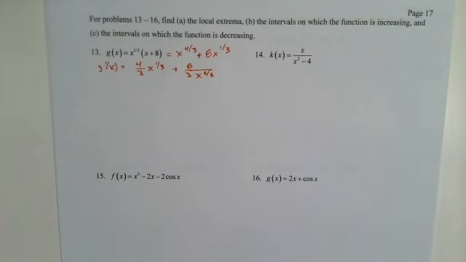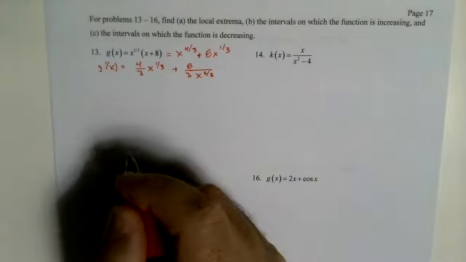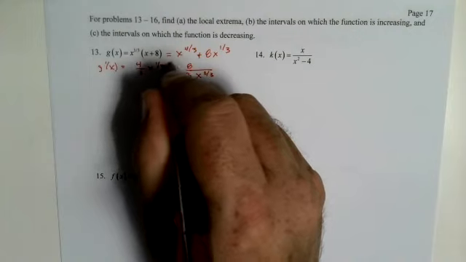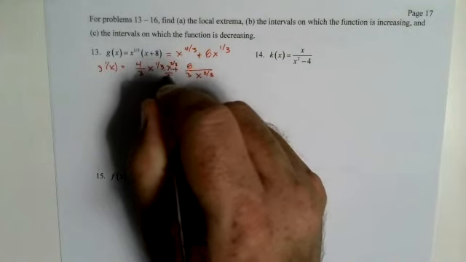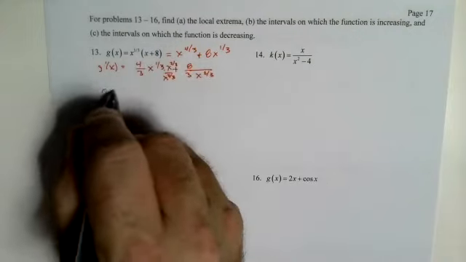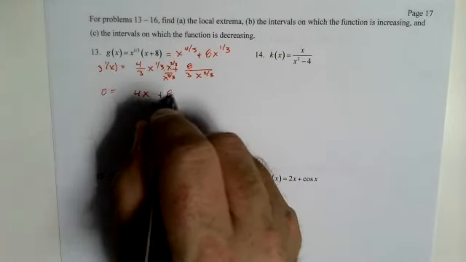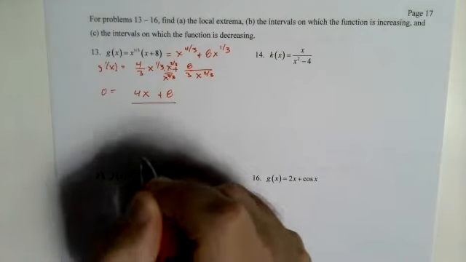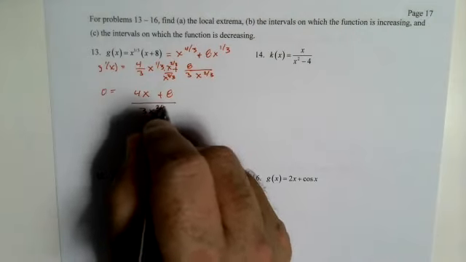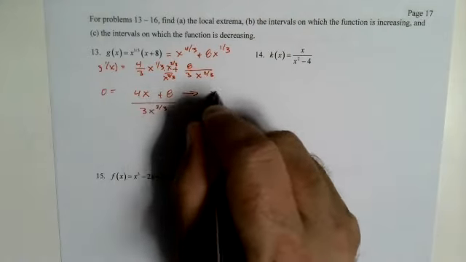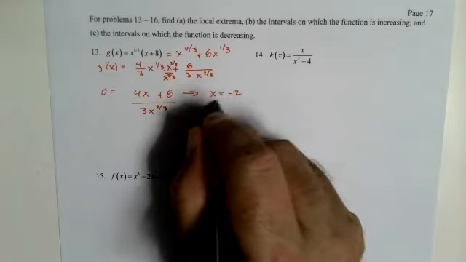I've seen this done so many ways lately. Let's make this times x to the 2 thirds over x to the 2 thirds. 0 equals 4x plus 8 over 3x to the 2 thirds. So x equals negative 2.